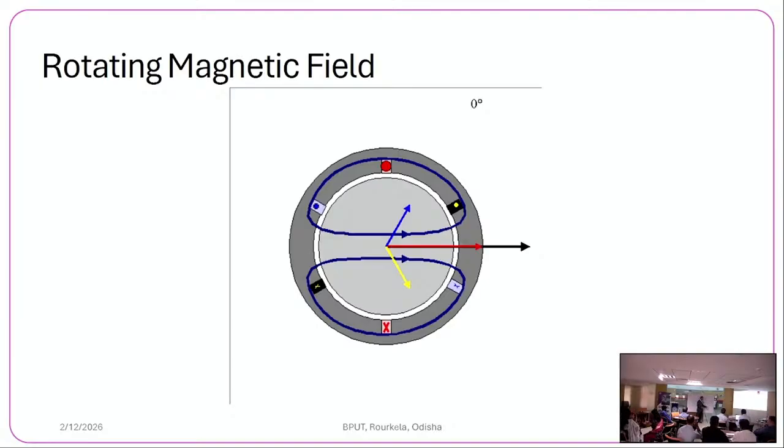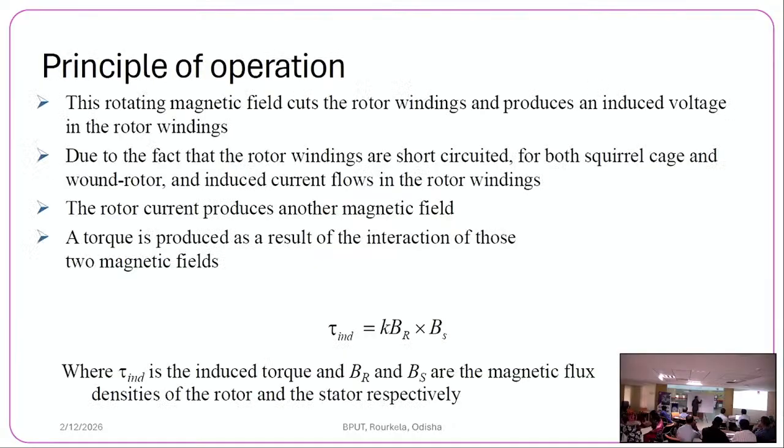So in this way, the direction of the resultant MMF, its position, is rotating. It is a rotating MMF. So this MMF is rotating at the speed which is called the synchronous speed.